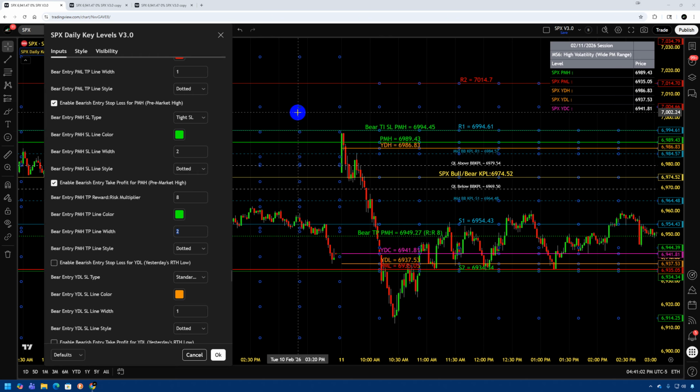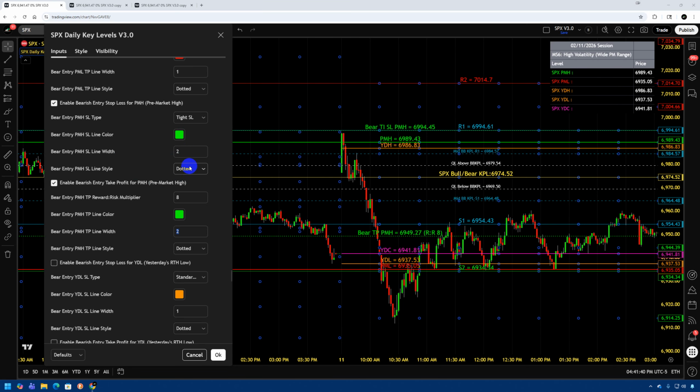Okay, as you can see here, I've done a few display changes to make this easier to see. So I've gotten rid of the CBOE table up here, and since we're at the end of the session now, I've moved all the line labels more over to the left, so it's just easier to see this earlier price action and how the bear play on the PMH level worked, as far as the stop loss and take profit levels. I've also changed the line width to 2 to make those dotted lines a little more prominent.